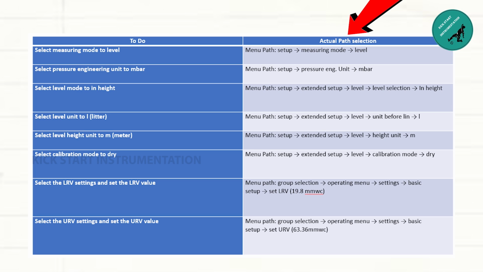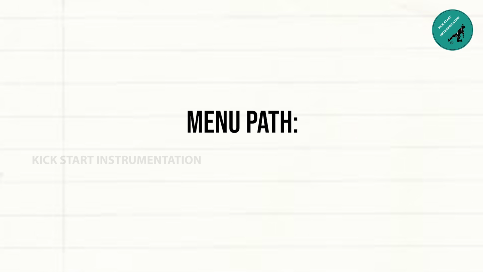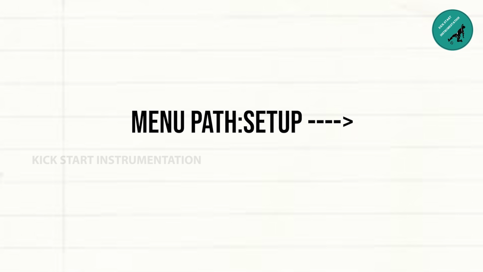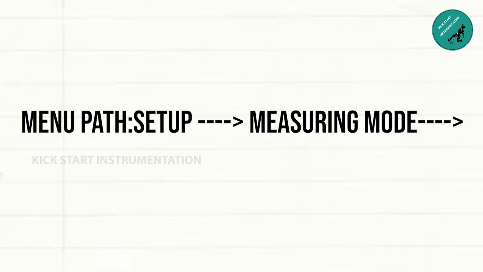Path selection is the path that you have to follow to do the setup in differential pressure transmitter. First, select measuring mode to level. Menu path: search for setup and press enter. Search for measuring mode and press enter.